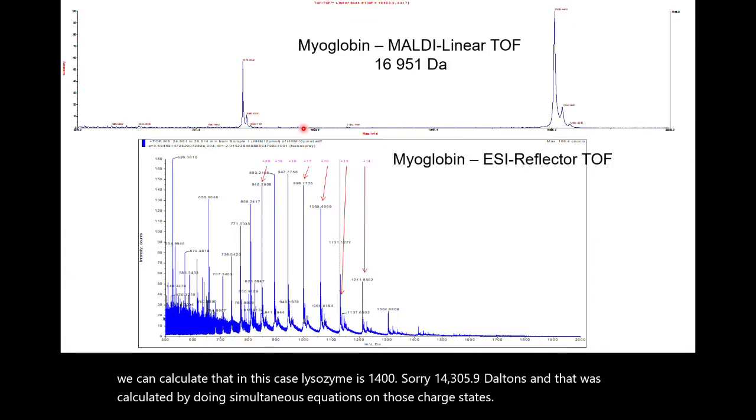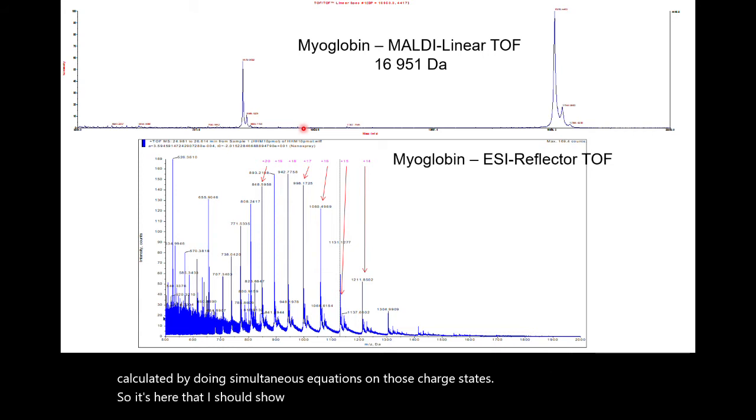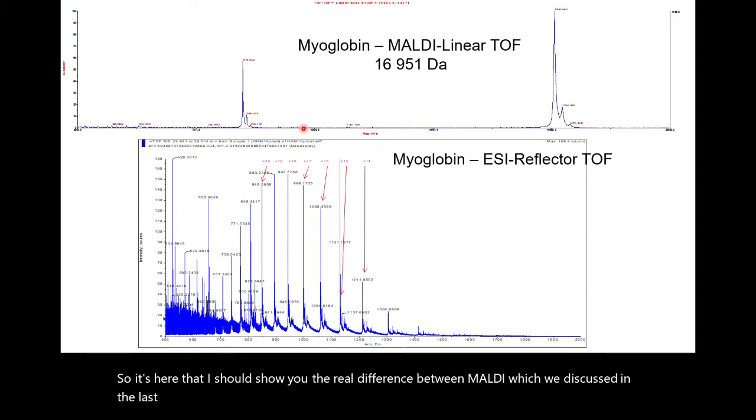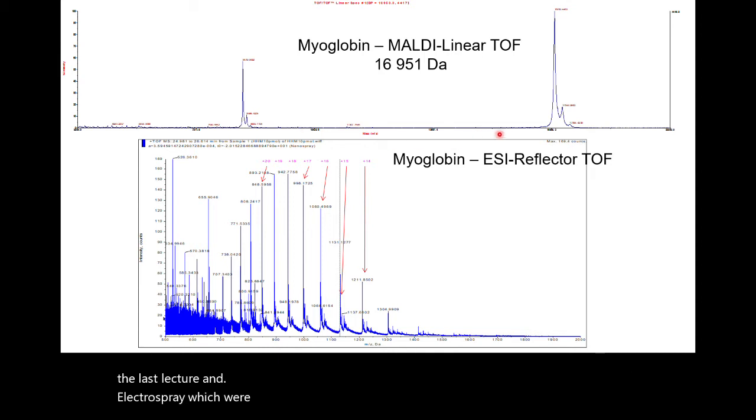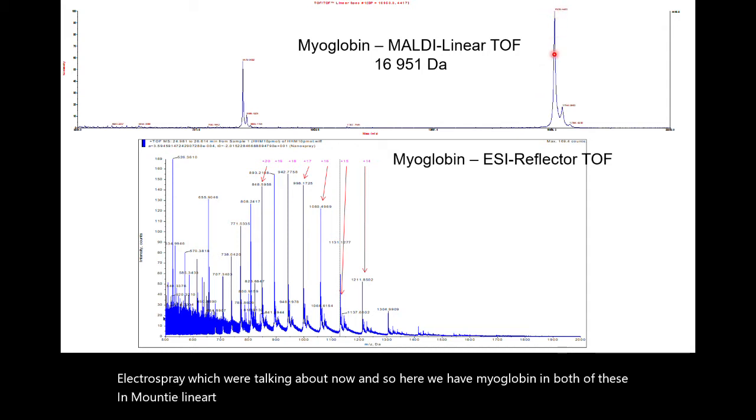So it's here that I should show you the real difference between MALDI, which we discussed in the last lecture, and electrospray, which we're talking about now. Here we have myoglobin in both of these. In MALDI linear TOF, we get the 1 plus ion at 16,951.